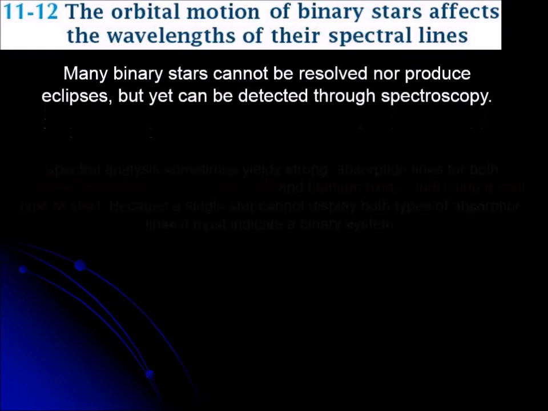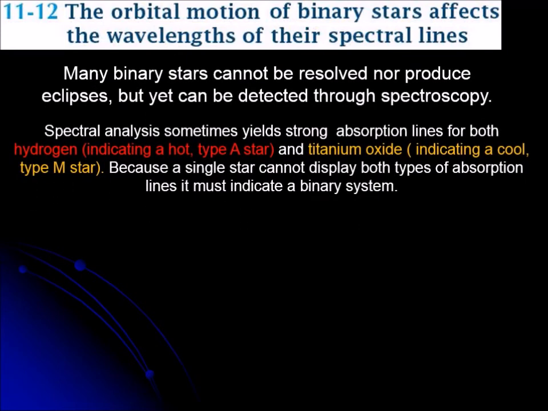And that was section 11. Now in section 12, we're going to see yet another way of looking at the orbital motion of binary stars. Sometimes in binary stars it's hard to see them visually orbiting one another.